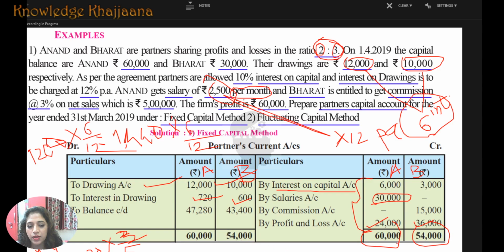So we have to deduct this total from this total, which we brought from here. So the balancing figure, 47,280, is the balance carried down for Anand, and 43,400 is the balance carried down for Bharat, okay.